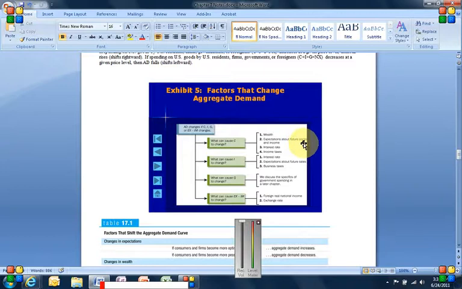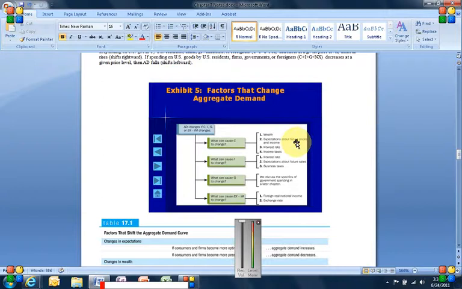What about expectations about future prices and income? If people expect, consumers now, because we're talking about the C, if consumers expect that their incomes are going to decrease in the future, then they will most likely buy less today in preparation for the future. So AD is going to shift to the left.